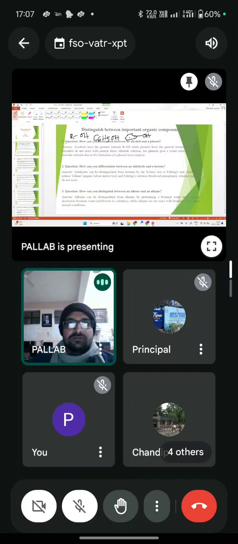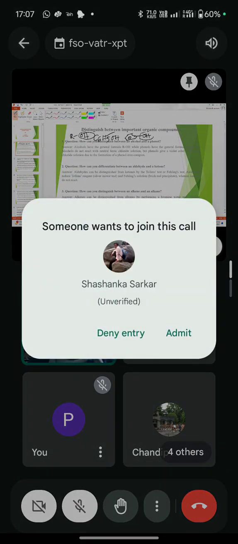Either this sign or this, both indicate phenol. Now, alcohol contains an OH group, and phenol also contains an OH group.